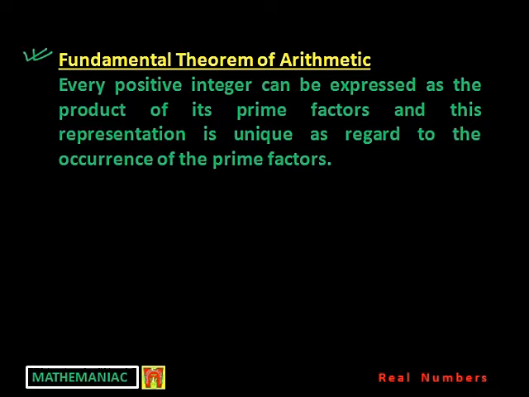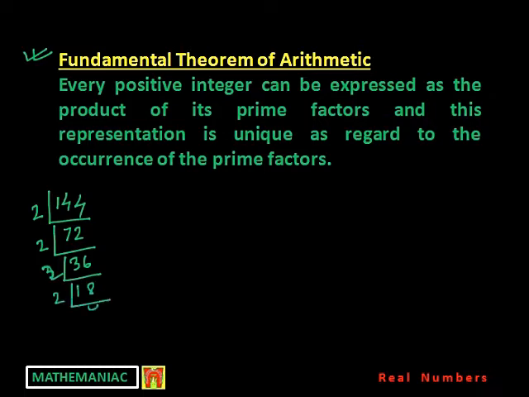For example, supposing that somebody asks you to factorize this. So how do we start factorization? By dividing with the help of the smallest prime factor. This is the normal process taught to us, that you should always start the division with the smallest prime and then go on increasing.